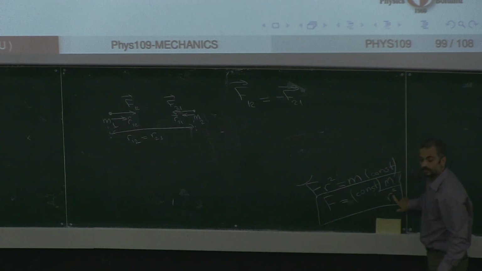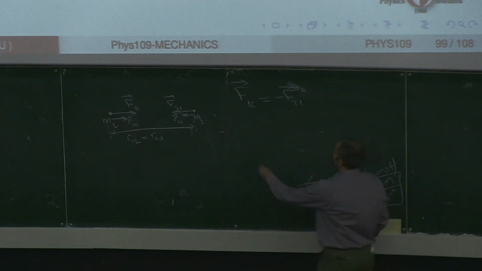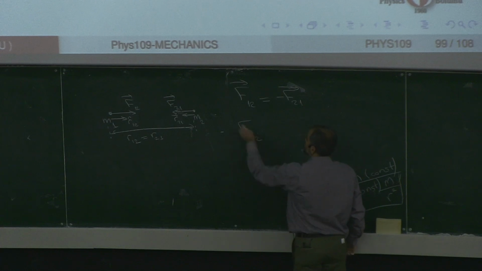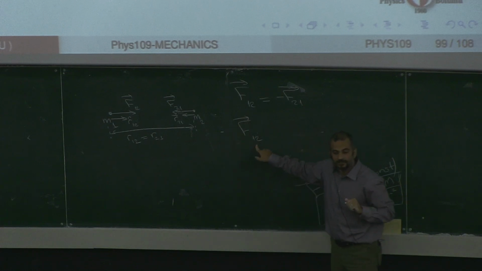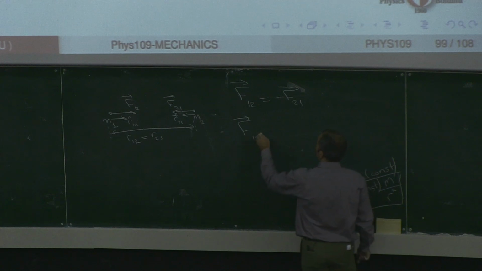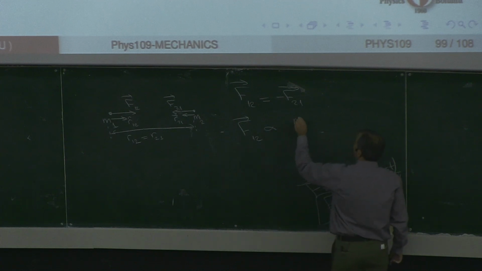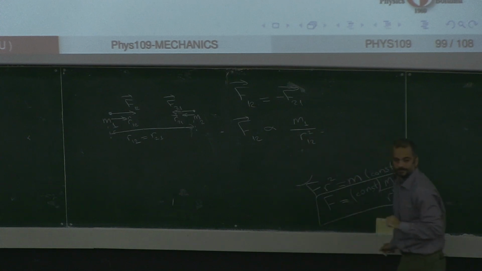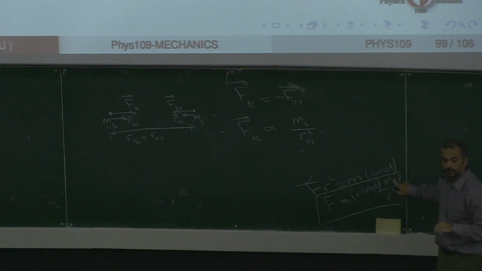What else do we know? We had already derived over here that F12, the force that the first mass feels, should be proportional to m1 over r12 squared. In this example, this m was the mass of the planet that was feeling the force.